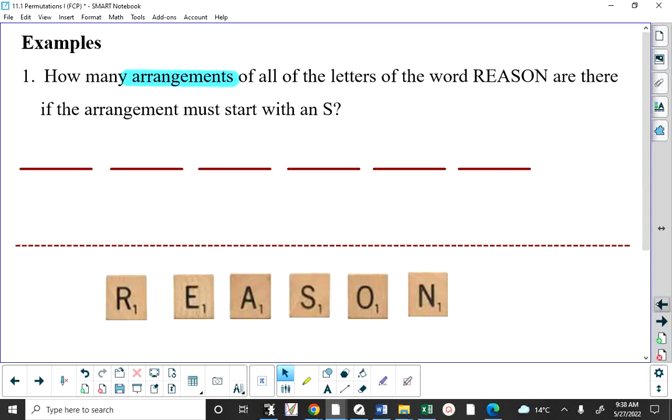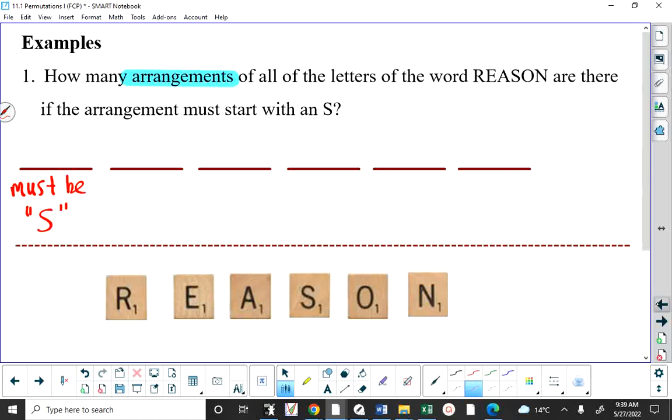Now, if the arrangement must start with an S, you should draw 6 blanks in your solution here. If the arrangement starts with an S, then we're going to write below this first blank, must be an S. And I want you to note that you have 6 decisions to make.